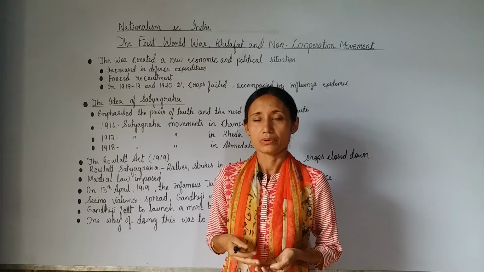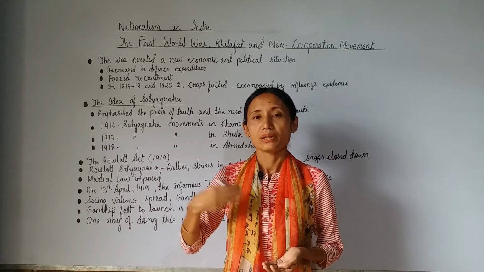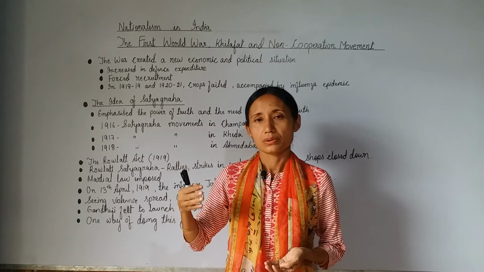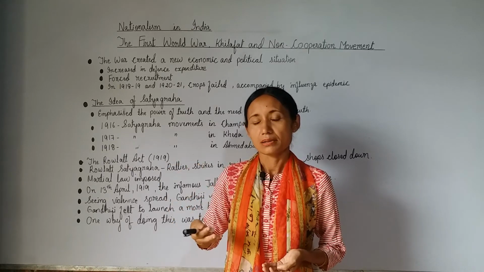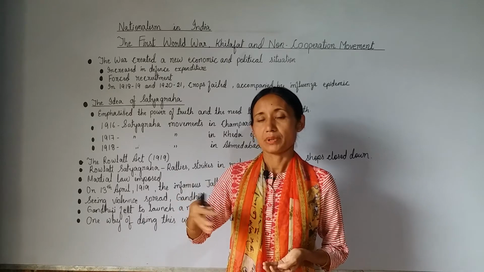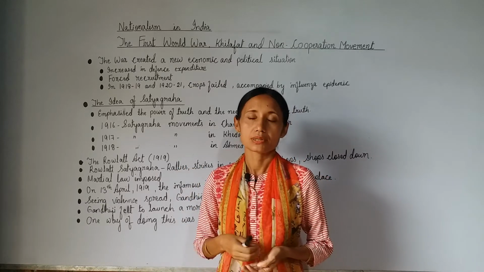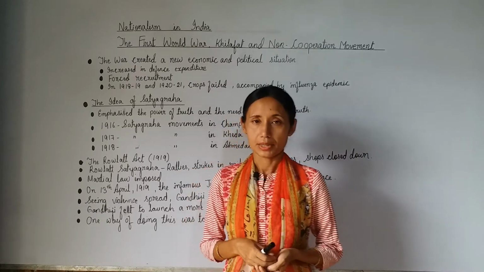Instead, according to the idea of Satyagraha, the person can win the heart of the oppressor by appealing to his conscience, by persuading him to see the truth, by persuading him to accept that he is wrong. So this is the idea behind the Satyagraha movement.